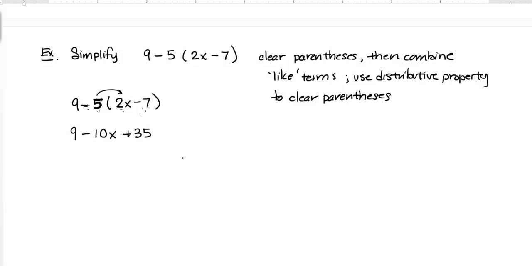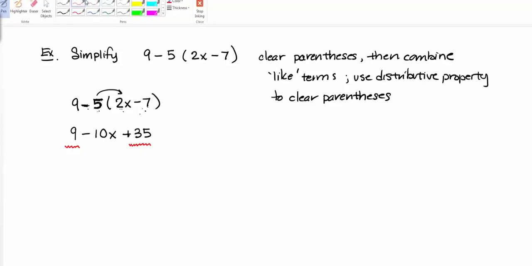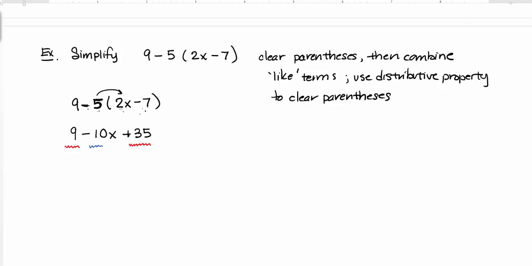Okay, now I don't have any parentheses anymore. So I ask, what are my like terms? I have a 9 and 35, which are both constants. And then I have this minus 10x, and it's by itself. So the only two things I can combine are 9 and positive 35. 9 plus 35 gives me 44, and I have minus 10x.